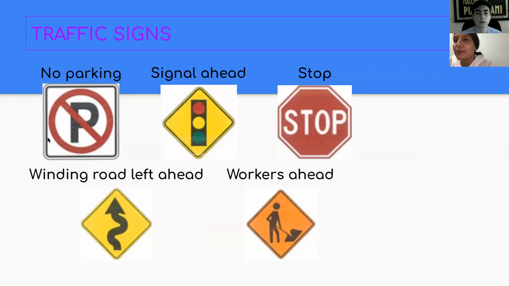Stop means people must stop. The winding road ahead means you need to be careful as it's a dangerous road and you should slow down. And the works ahead means watch out for the workers who are working nearby.